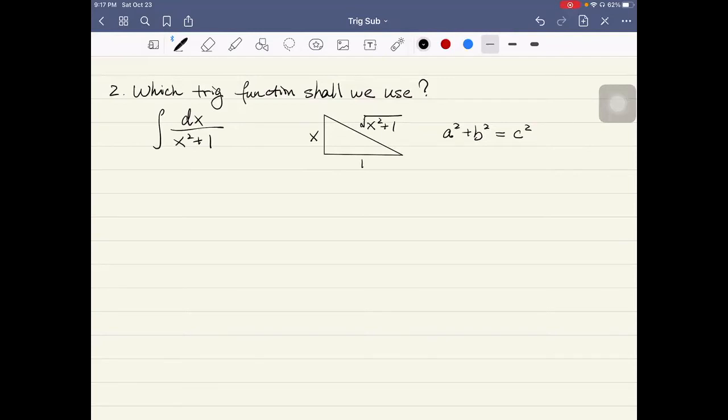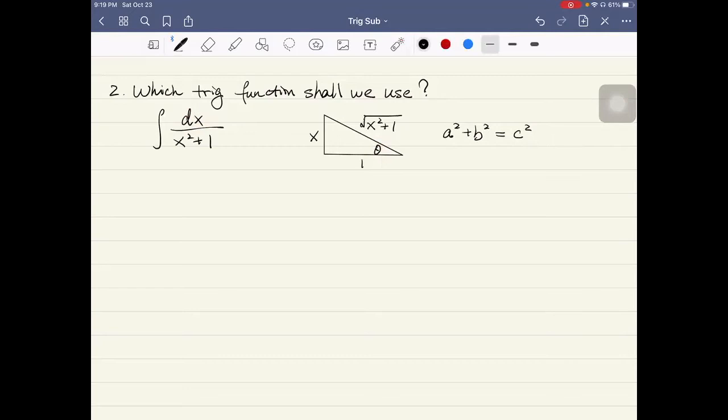Okay. I would also call this angle theta for our trig substitution. Now, you can already see that x squared plus 1 can be related to a trig function of theta. We also need to write dx as a trig function of theta and d theta.